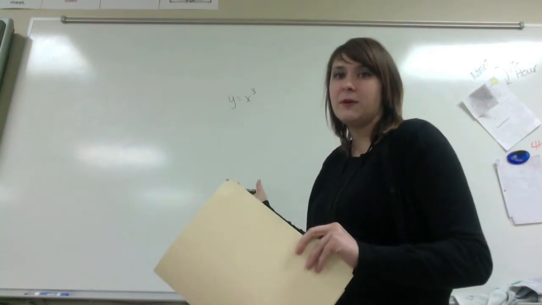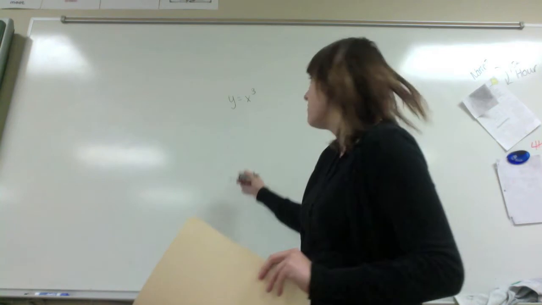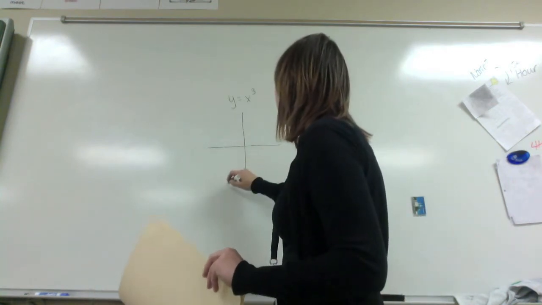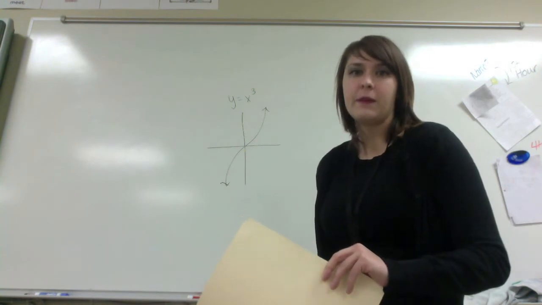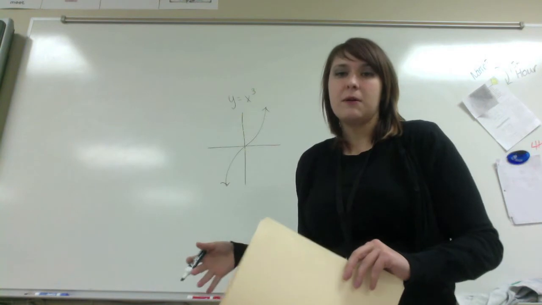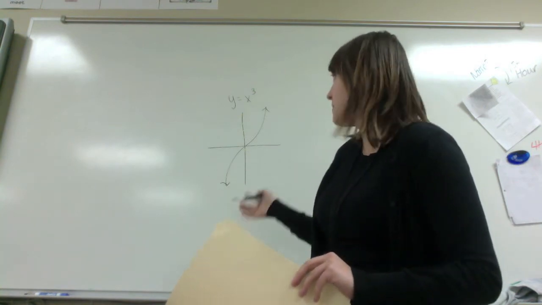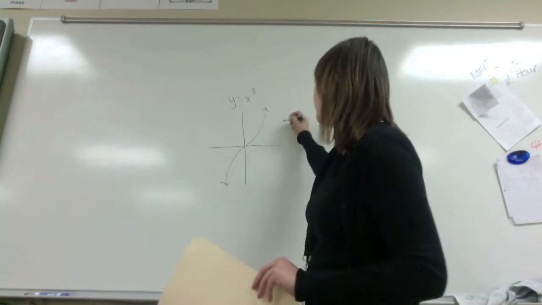So how many real roots does something like that have? Well, if I were to graph that, it looks something like this, like your cubic function. And when I'm talking about roots, I'm talking about x-intercepts. So how many times does this cross the x-axis? And the answer is 1.